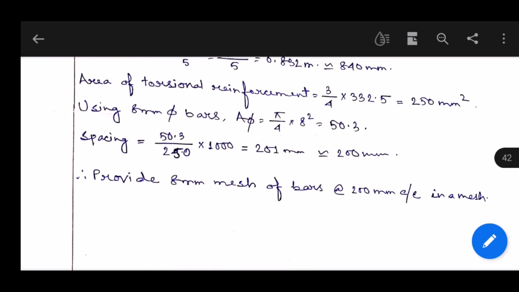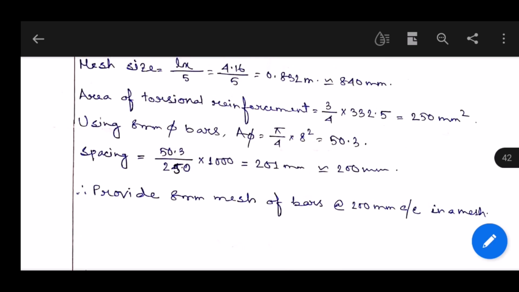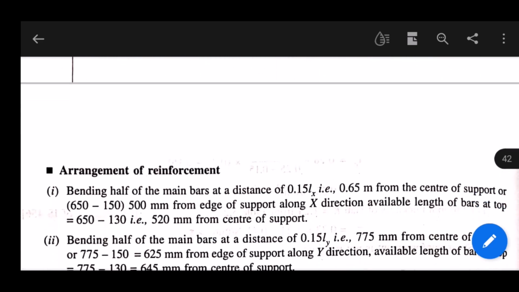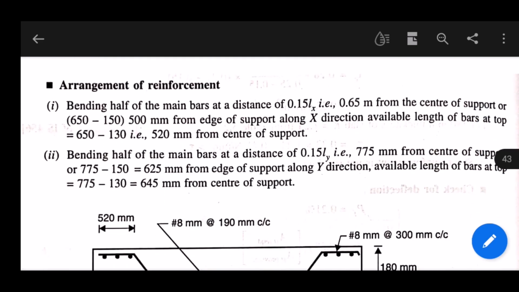Now the design part and reinforcement part is complete. Now it is time to arrange the reinforcement before the drawing. Before starting this arrangement, just check once the IS code provision about this arrangement.